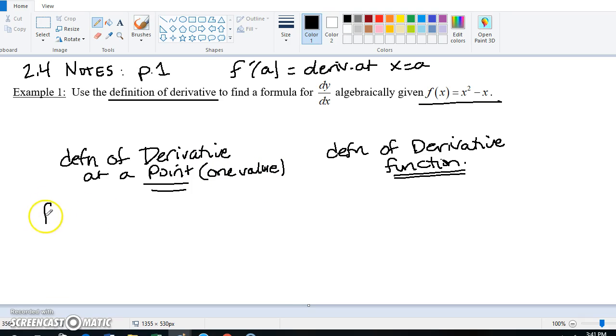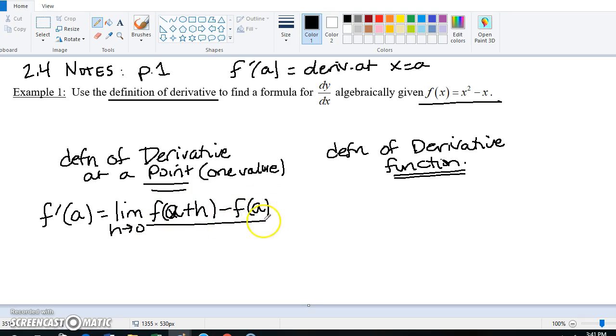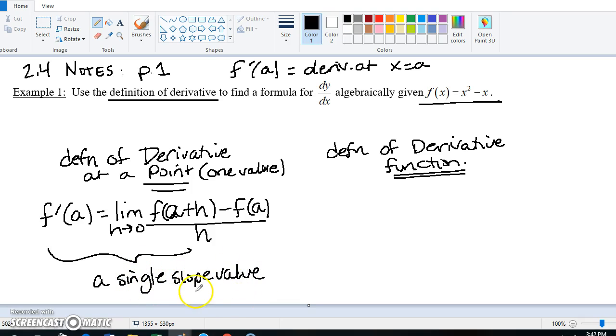Okay, so at a point, f prime of a is equal to the limit as h approaches 0 of f of a plus h minus f of a over h. That is the derivative at a point. This results in a single value, a single slope value on f of x at a, f of a.